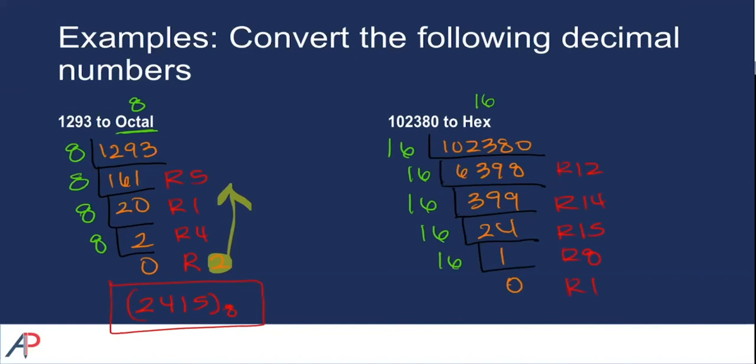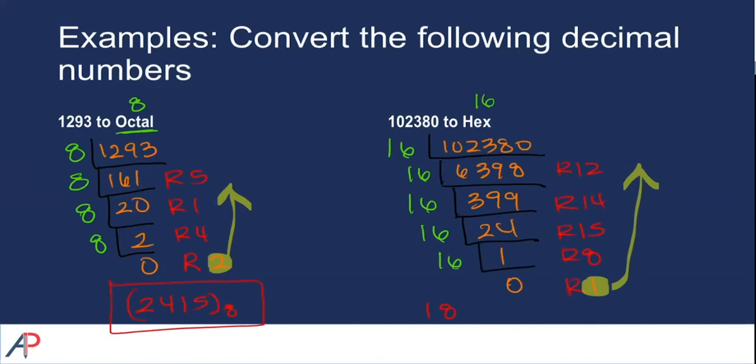We're done because our quotient is 0. So start from here and work our way up, and we get 1, 8, and then 15. So 15 we have to convert into a letter, because they need to be single digits and not double digits.